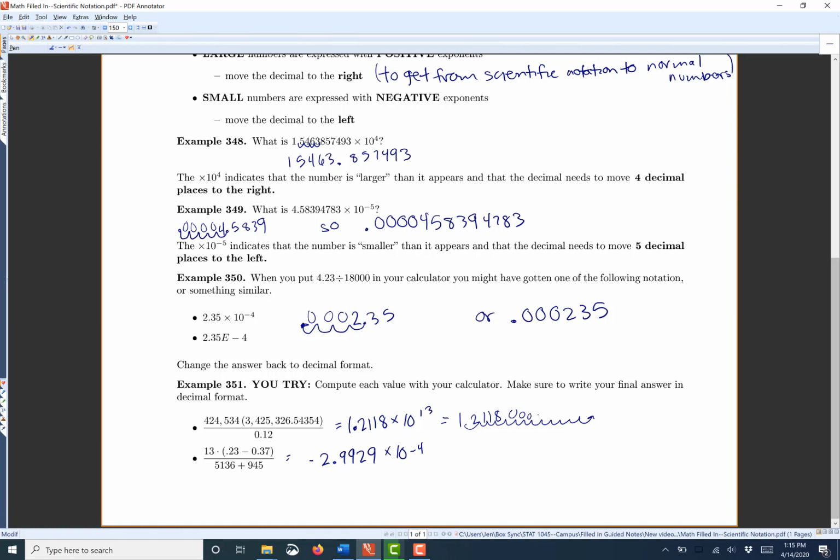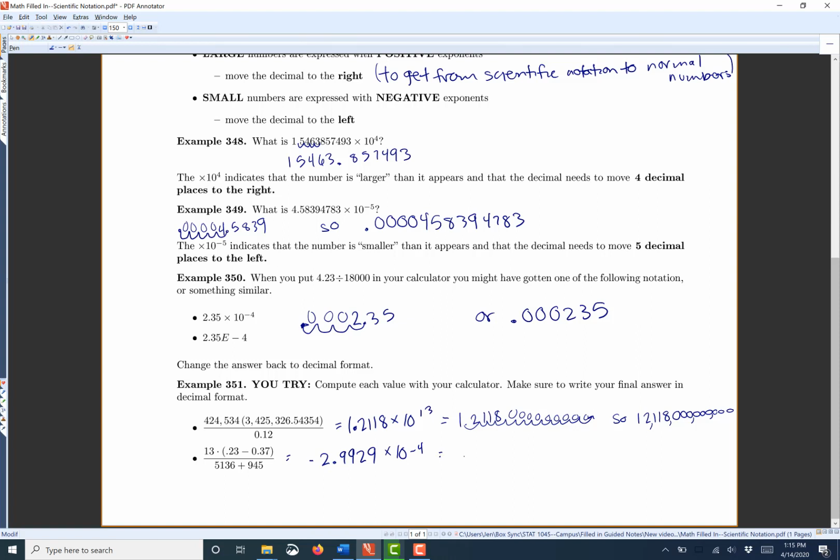Make sure you fill in zeros where needed. So it is 1, 2, 1, 1, 8, and then 9 zeros. If I put in my commas, that's ones, thousands, millions, billions, trillions. So it looks like my answer is 12,118,000,000,000.